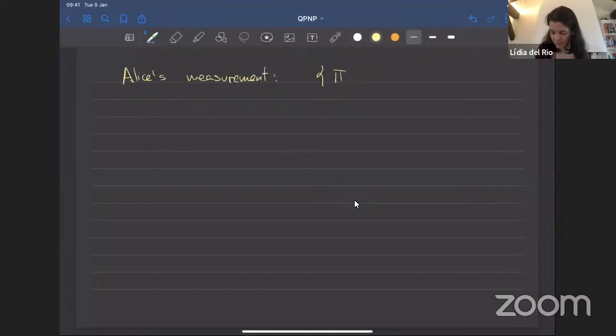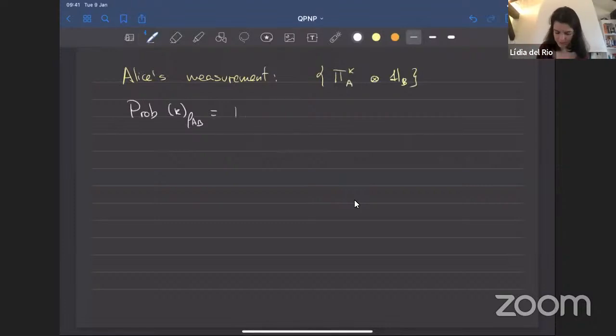So she has her operators pi k on her system A, and globally we can look at them like this, with nothing happening on Bob's side. Now we have a probability of getting k for this joint state rho AB, and we want to express this as something happening on a density operator just on Alice's side.